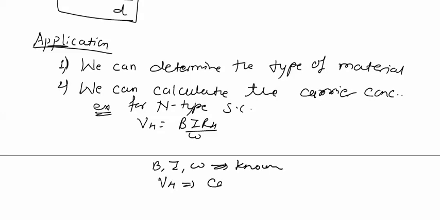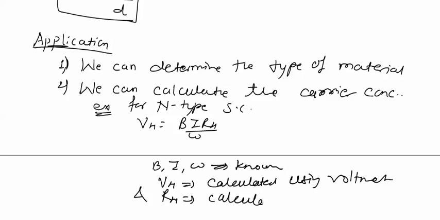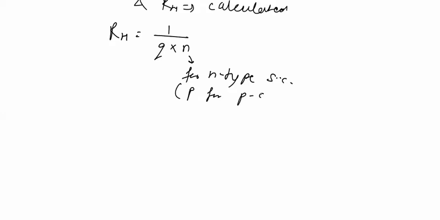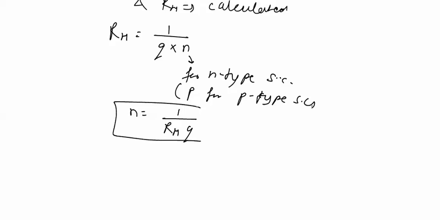Vh is measured using voltmeter and RH can be calculated. And we know that RH equal to 1 upon q into n for N-type semiconductor and p for P-type semiconductor. So n equal to 1 upon RH into q. Using this equation, we can calculate the carrier concentration in the material.